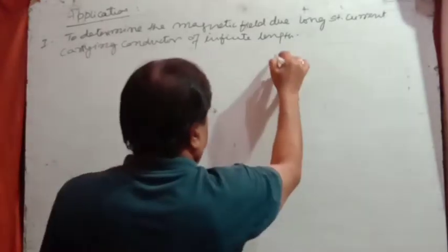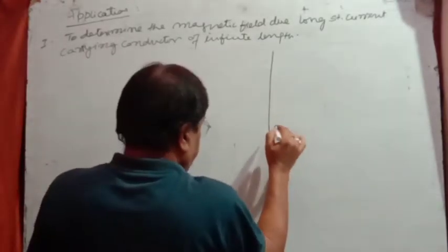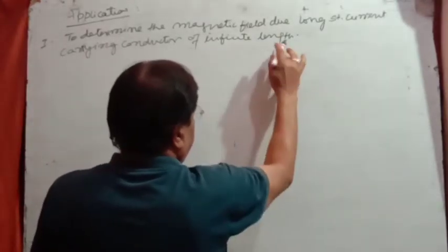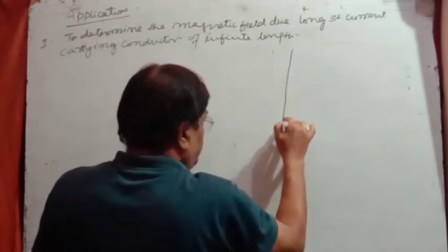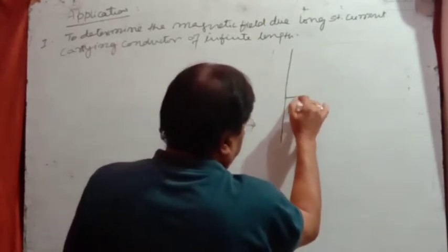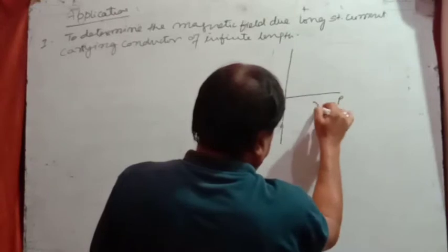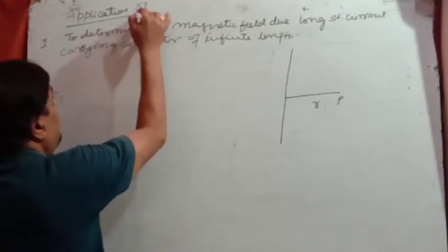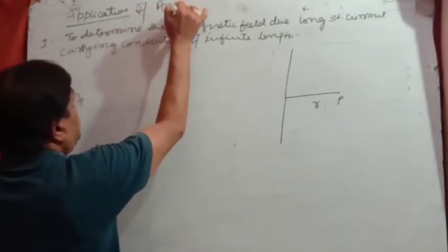So we have a long straight conductor, this one, and we have to find the magnetic field intensity at a distance r. It is the application of Ampere's law.